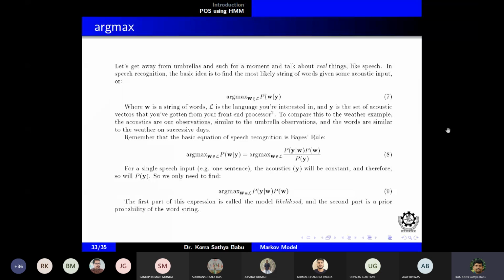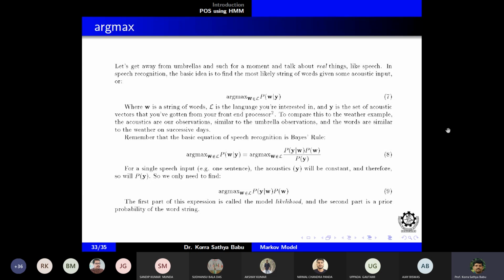So what you try to do here is, let's again get away from umbrellas and such for a moment and talk about the real things, speech recognition, or maybe the occurrences of words. What is the next word that is going to occur? So in speech recognition or the occurrence of the next word, suppose we type something on Google and Google suggests something like what is the best microphone in the market.